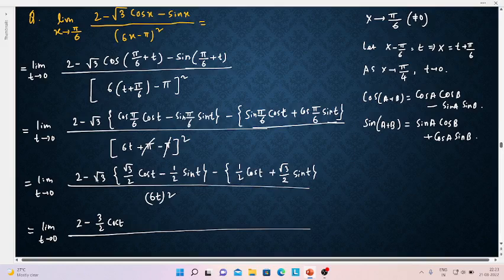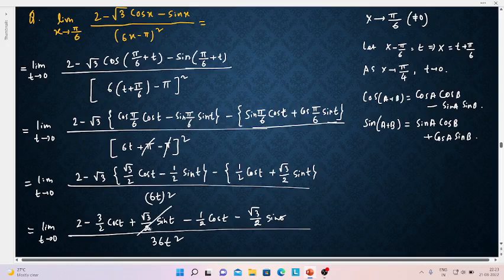Similarly, if we multiply by root 3 that particular function, it will become root 3 over 2 sin t. Minus half cos t is there, minus root 3 by 2 sin t is there, and on the denominator we have 6t whole square, which is nothing but 36 t square.